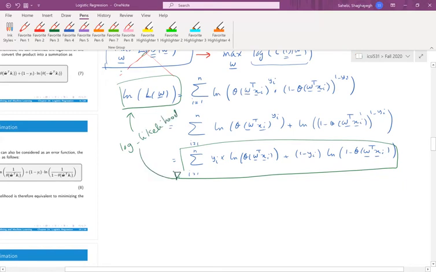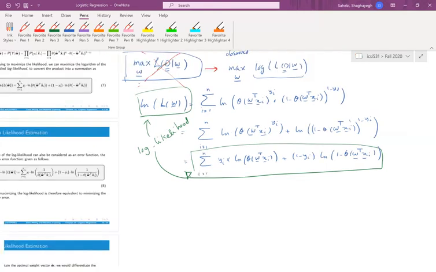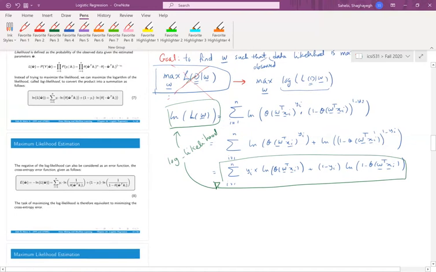And we can try to find a W that maximizes our log likelihood. Again, you remember that when we were looking at linear regression, what we had was an error function that we wanted to minimize.